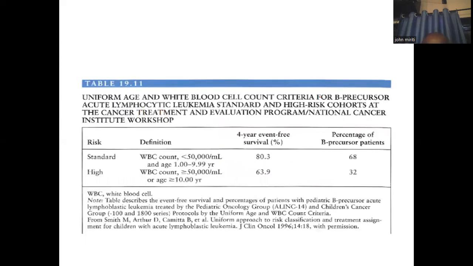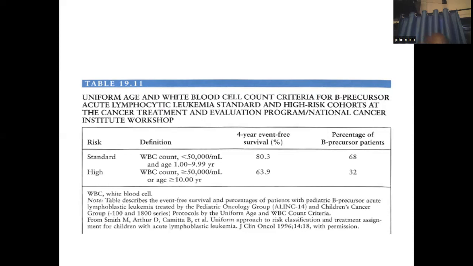Now, uniform age and white blood cell count criteria for B precursor acute lymphocytic leukemia standard and high-risk cohorts were set at the Cancer Therapy Evaluation Program National Cancer Institute workshop. You can see the risk factors and the white blood cell definition.